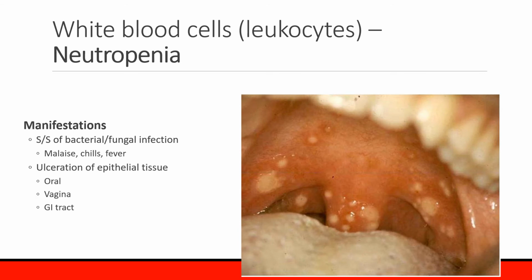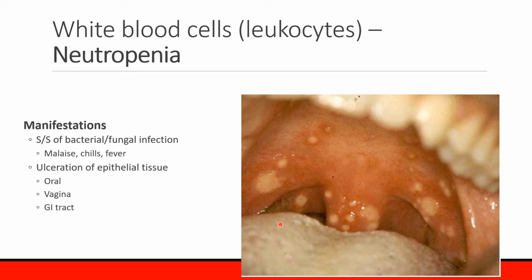So manifestations of neutropenia are going to include signs and symptoms of bacterial and fungal infections. So malaise, chills, fever, anything that would indicate that you have an infection. Malaise is a general ill feeling. These are ulcers, so here's the ulceration of epithelial tissue, and these are mouth sores because of neutropenia. One other thing that you see here is, we haven't gotten to the AIDS lecture yet, but you'll see something pretty similar in that this can be bacteria or yeast.